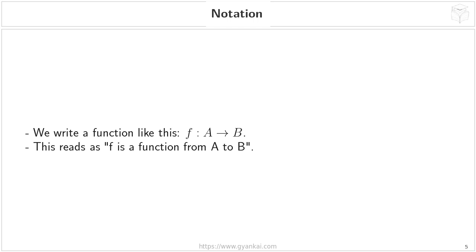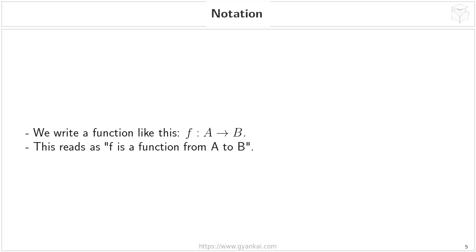A represents the domain of the function, remember, that's the set of all possible inputs. And B represents the codomain, the set containing all possible outputs. So this notation is just a concise way of saying, we have a function named f that takes inputs from set A and produces outputs that are elements of set B. This notation will become really useful as we start working with more complex functions, and it's important to get comfortable with it now.